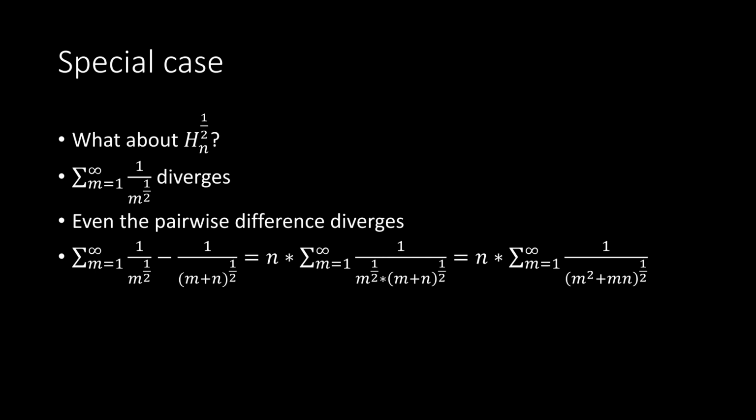Very simple, for example, the harmonic series in the pairwise difference will go to a quadratic series. So if you just cancel out all the 1/2s in the final row here, then you will see what you get if you take the pairwise difference of the harmonic series.